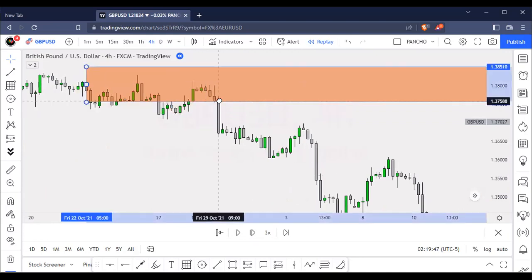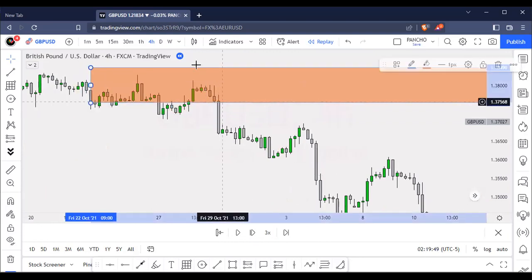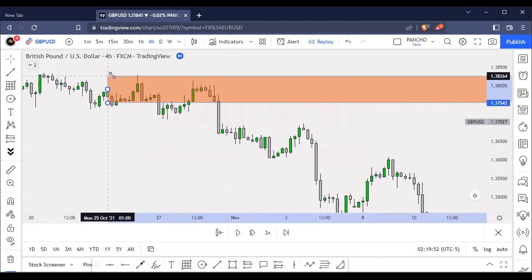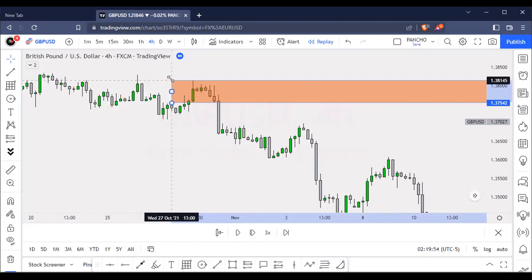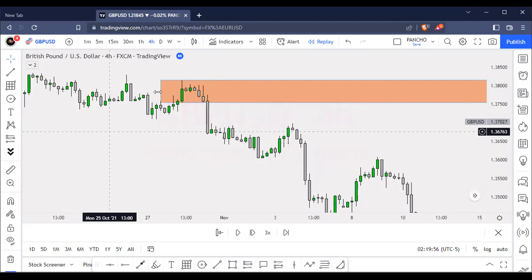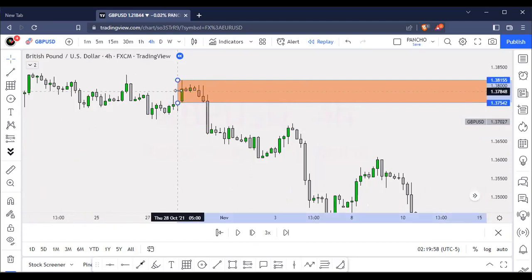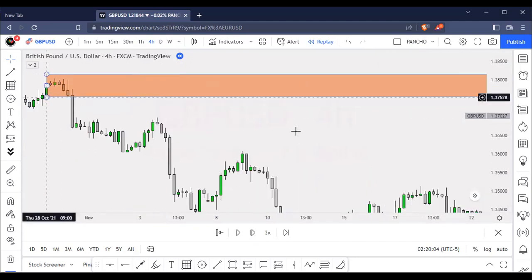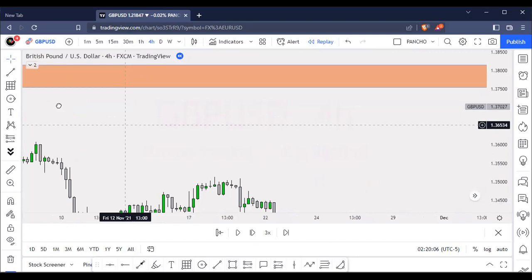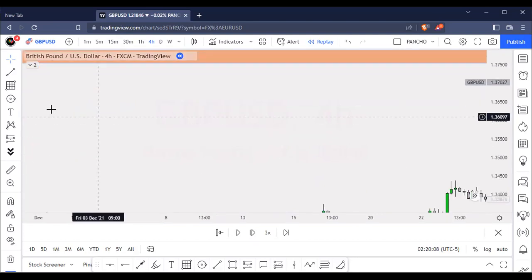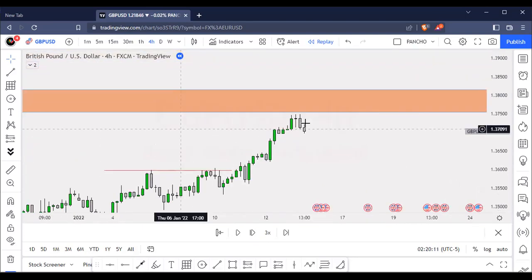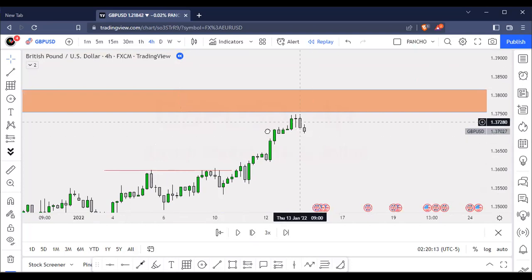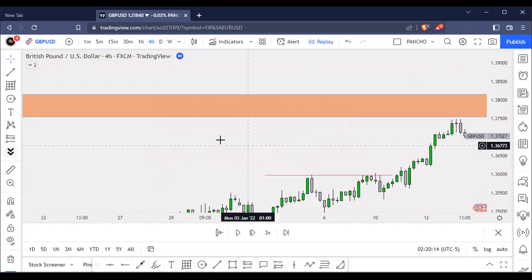We can use this one because this one is the one with a clear body. Oh, this is a 4 hour order block, and if you go back here, let's see if it has been mitigated here. Price has missed it.